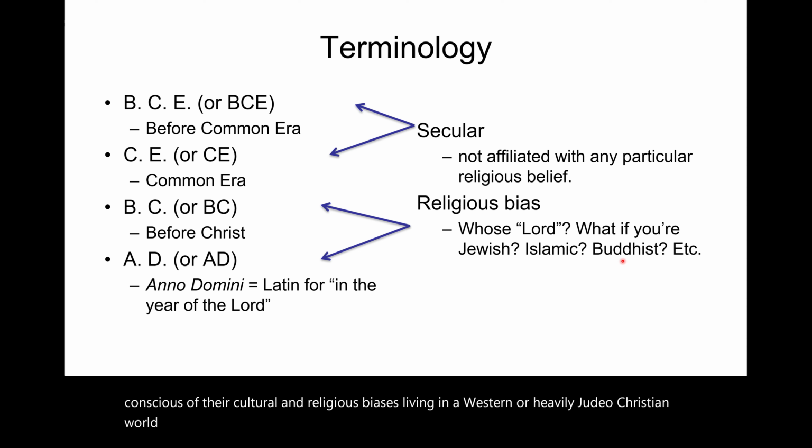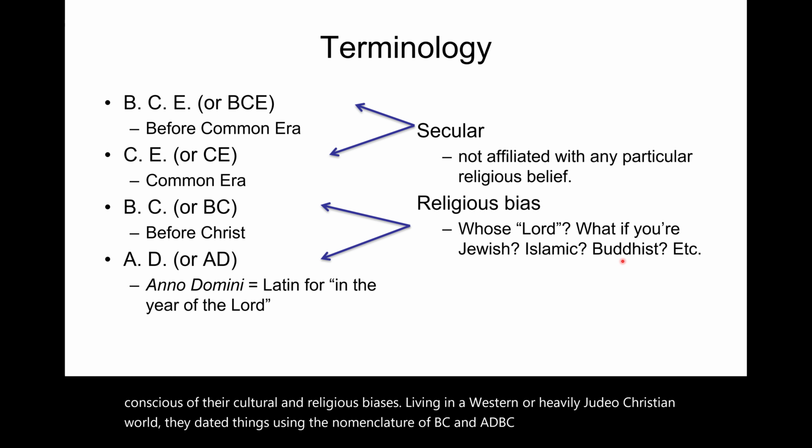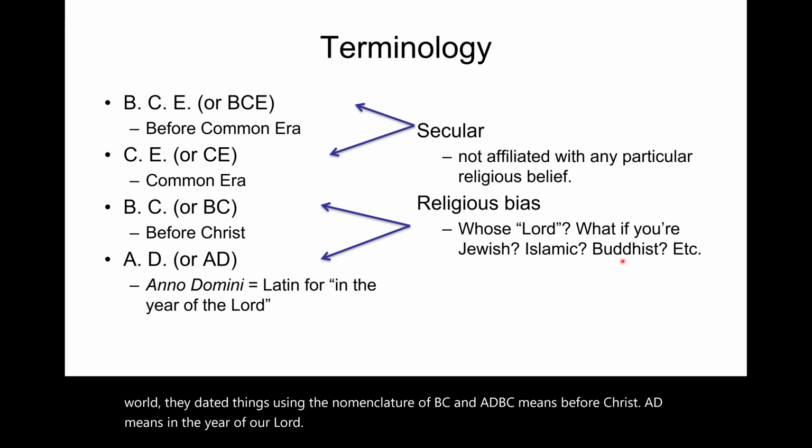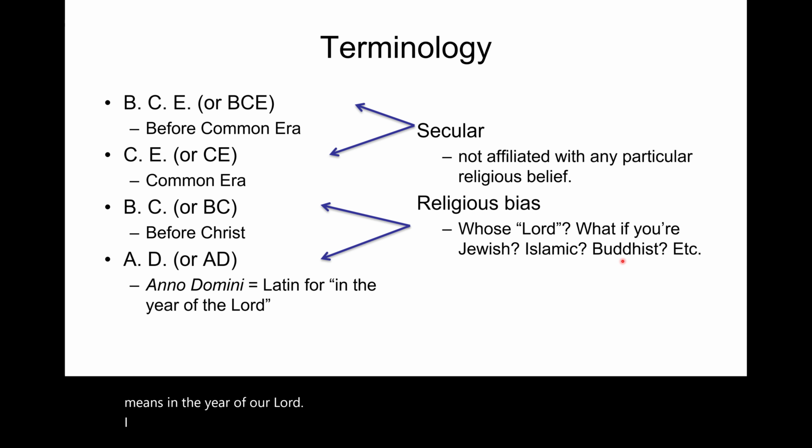They dated things using the nomenclature of BC and AD. BC means before Christ, AD means in the year of our Lord, Anno Domini. And both of those points of reference are very particular to a Christian worldview.